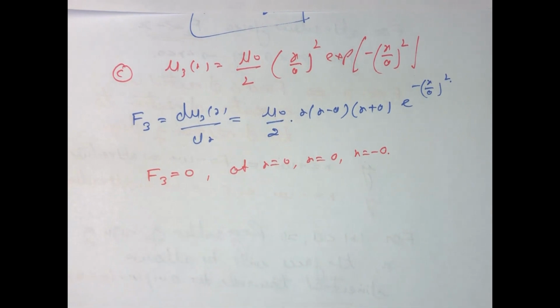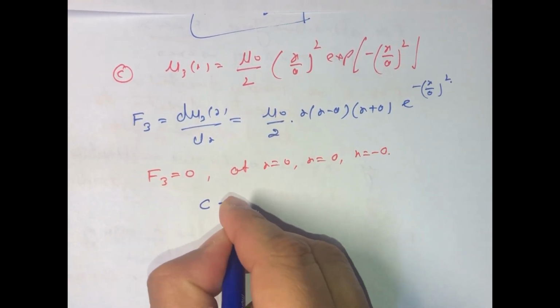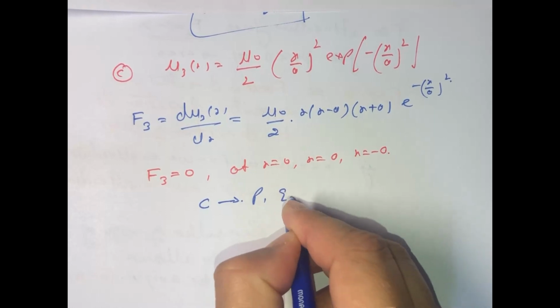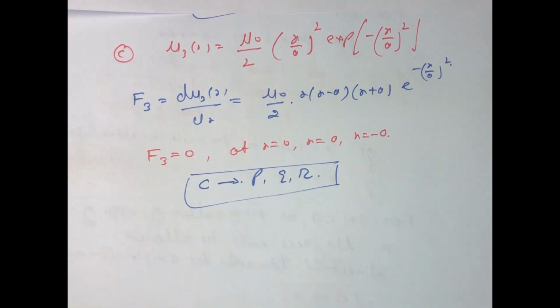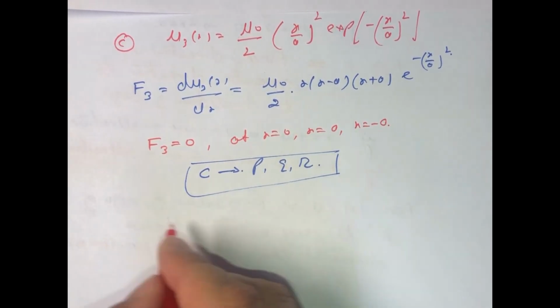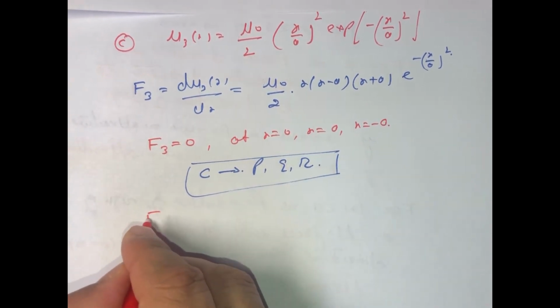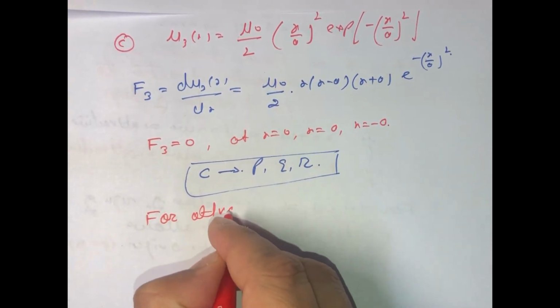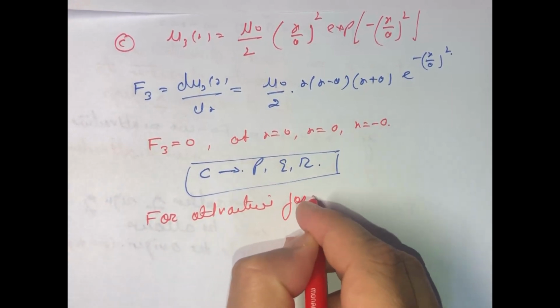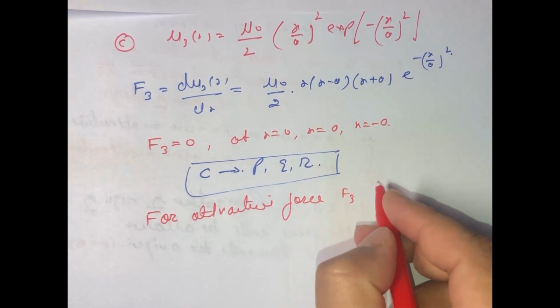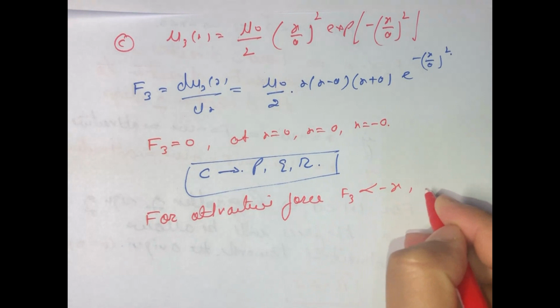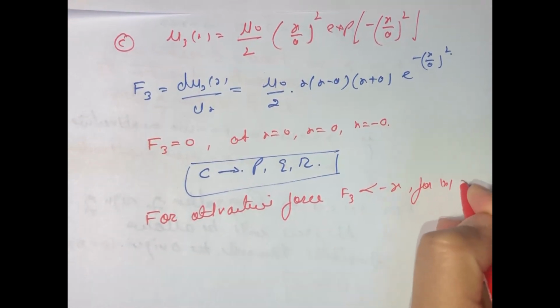So it means for C part, initially we can say P, Q, R are the three correct options. Now let us check whether part S is correct or not. So for, we can say, attractive force, F3 should be directly proportional to minus of x for modulus of x is less than a.